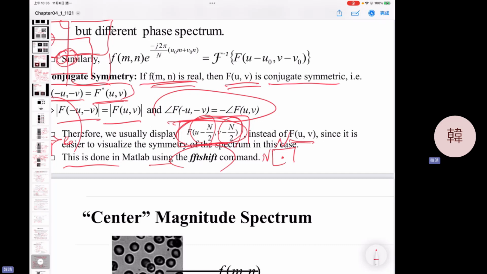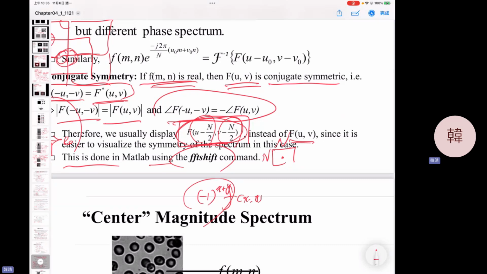FFT shift just uses minus 1 to the power of x plus y, your index coordinates in the spatial domain. How do you do that?